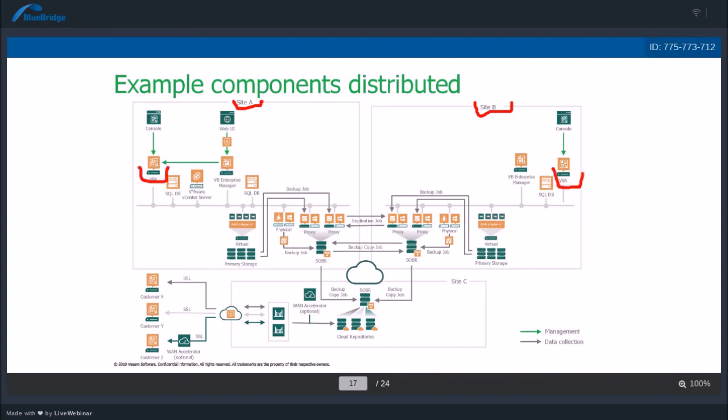There is a second one for replication purposes. As you can see, we have proxy servers right here, for compressing and deduplicating data on each side, because we want compression and deduplication to be handled locally. And then we have a site C, which is basically a disaster recovery location, where the only thing we have is a bunch of repositories.